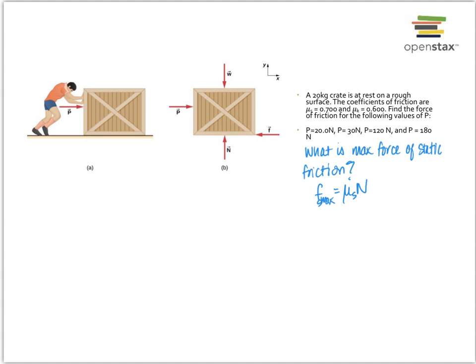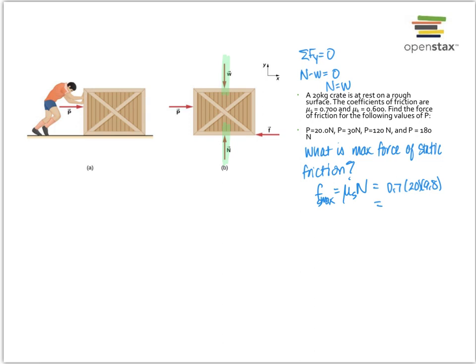If I look at my vertical forces, I would see that my forces in my y direction are just the normal and the weight. So my normal force is equal to the weight of the crate. So I can find this maximum force of static friction to be 0.7 times the 20 kilograms times 9.8.